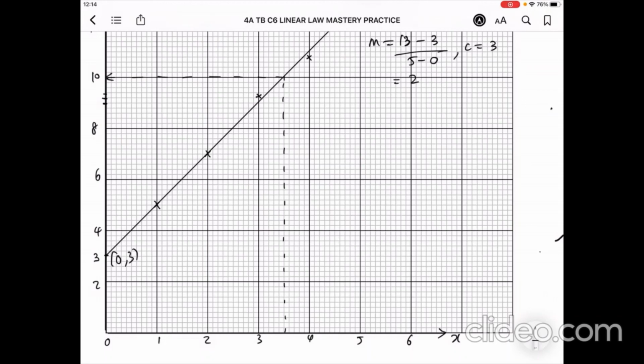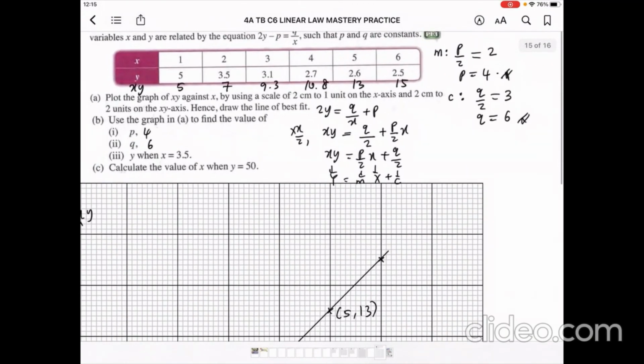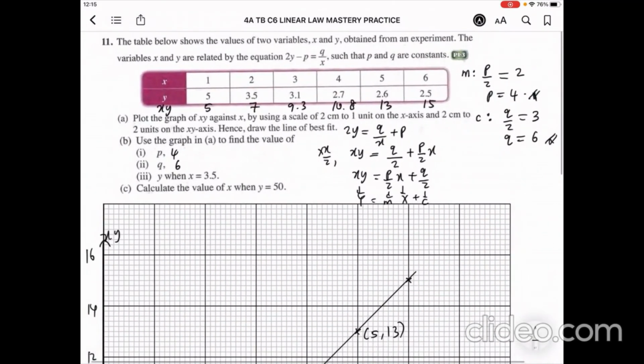Okay, so I go back to this and write from the graph, when x is 3.5, my xy is 10, so we need to substitute 3.5 inside here and take 10 divided by 3.5. Yeah, 10 divided by 3.5. My y, if you round off, is 2.871. Yeah, 2.871.